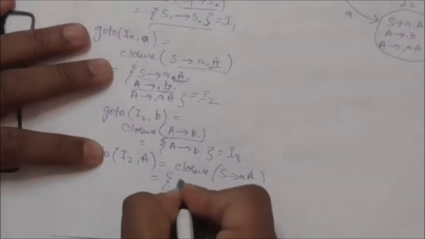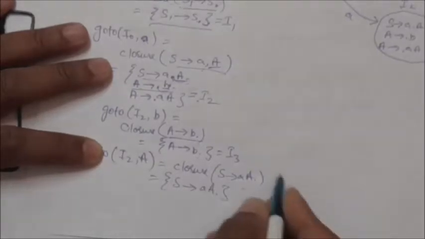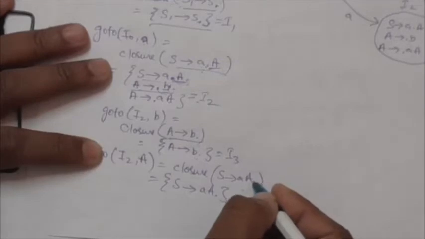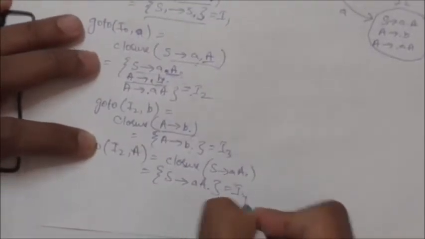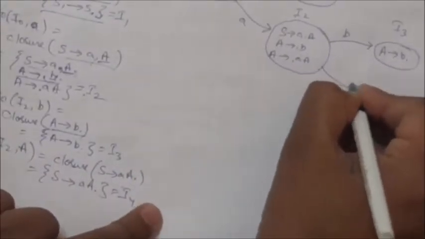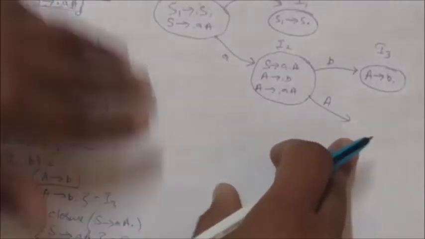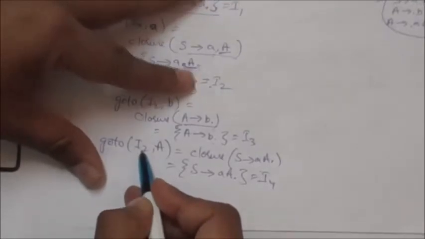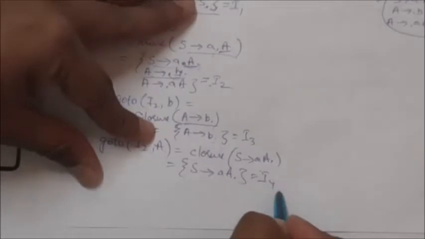Its closure will contain only this item as derives A dot. No new item can be added because there is no non-terminal symbol after the dot. So let us call this state I4. In this transition diagram I will show that when the machine is in state I2 and it reads this non-terminal symbol A, then it jumps to state I4.